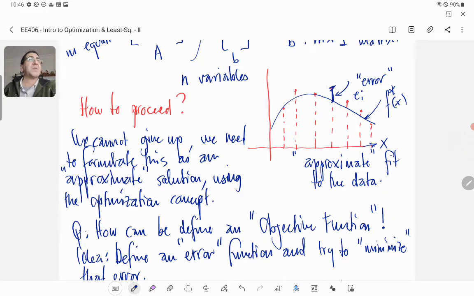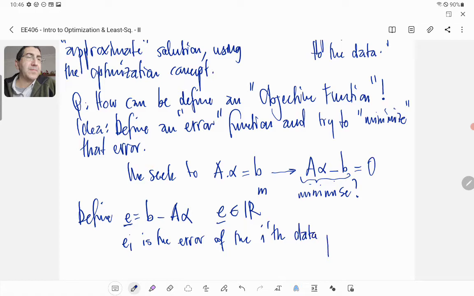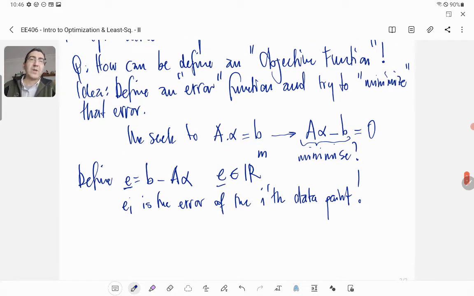A difference between what the data point says, this is B, okay? So this is the data point. And A times alpha is what the function says, in this case, the linear function. Okay? So E_i is the error of the ith data point. So it's a vector, basically.